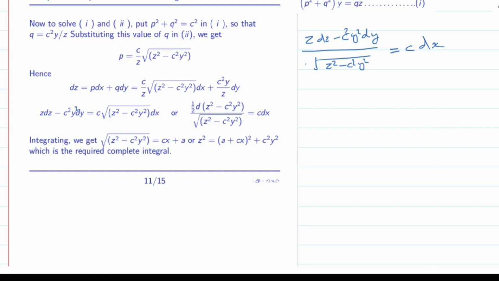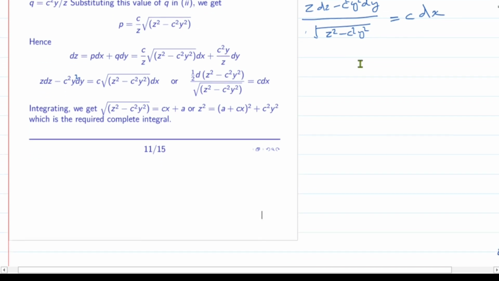This is what you get finally. So we have to integrate now. Before integrating, we use a technique: whether we can write this in the form of a derivative, so that the integral of a derivative becomes the function itself. So we'll start with the denominator. We'll try to find the derivative of square root of z square minus c square y square.